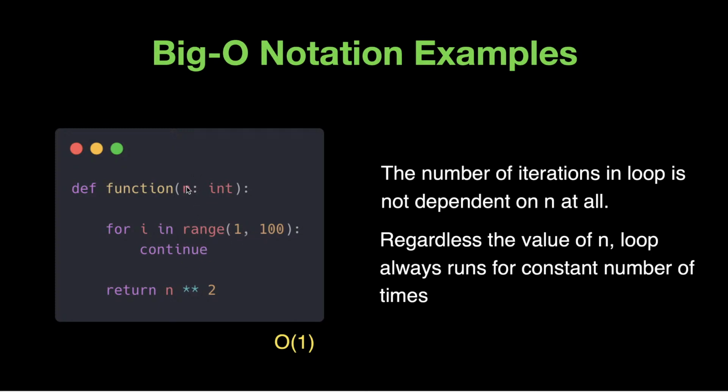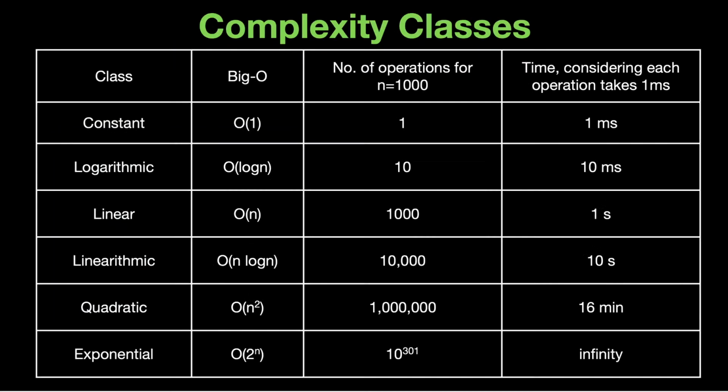If you pass 1 million, in that case also this loop will run for 99 times. If you pass 1 trillion, then this will again run for 99 times. So the number of iterations does not depend upon n, so we cannot say this algorithm is O of n, right? We will have to say that the algorithmic complexity of this algorithm is O of 1, because regardless of the value of n, the loop always runs for a constant number of times.